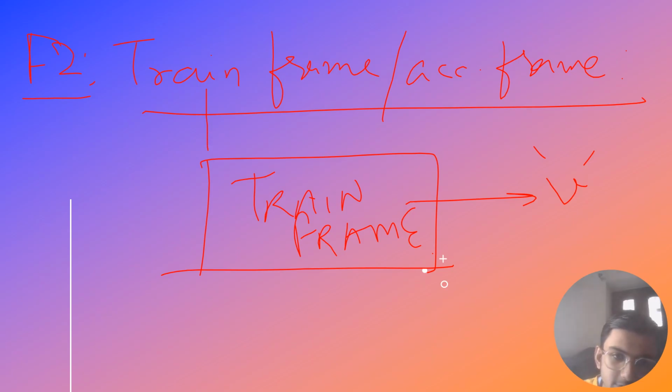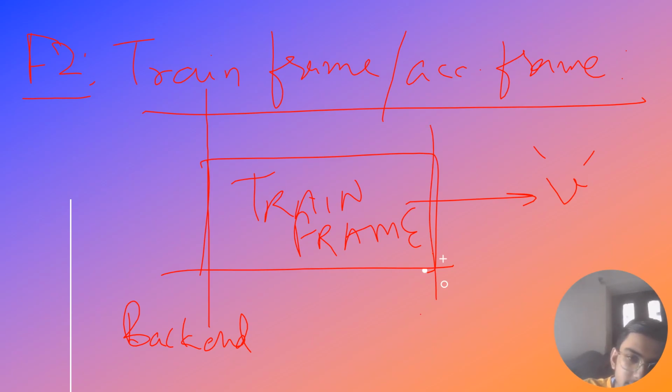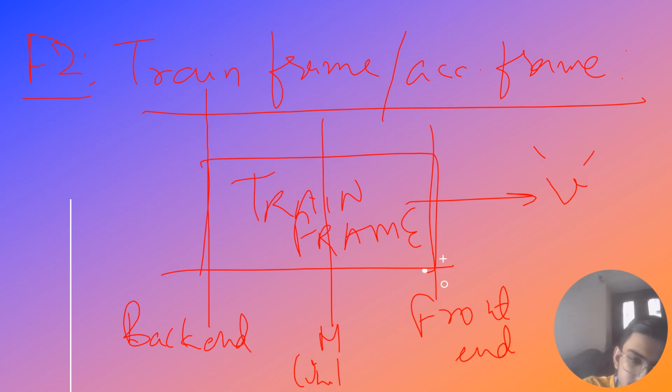If we construct the same setup here, suppose this is the back end and this is the front end, and suppose this is the midpoint, the initial midpoint.